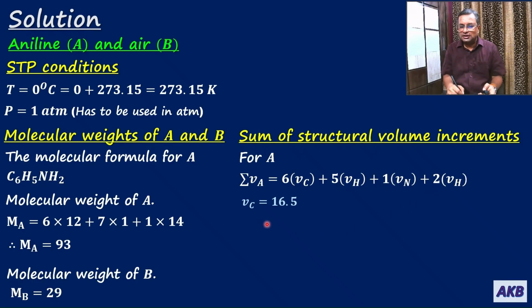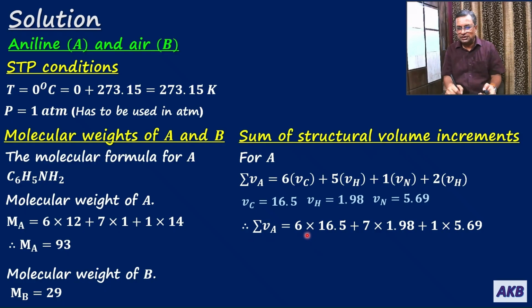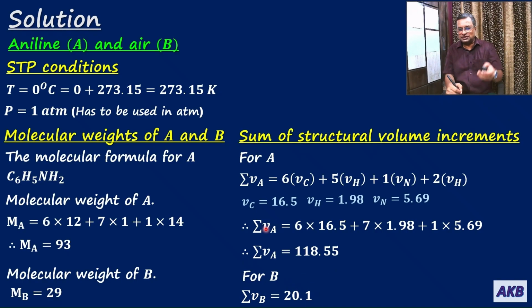We know Vc is 16.5, Vh is 1.98, Vn is 5.69. Therefore summation Va will be equal to 6 into 16.5 plus 7 into 1.98 plus 1 into 5.69. That gives us summation Va as 118.55. For B, which is air, summation Vb is 20.1, which is directly given to us.